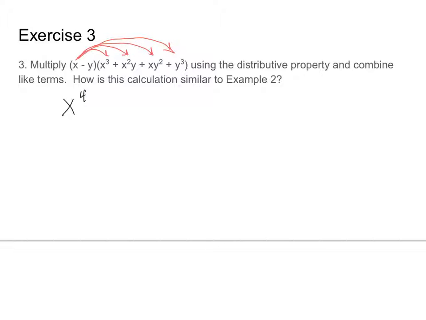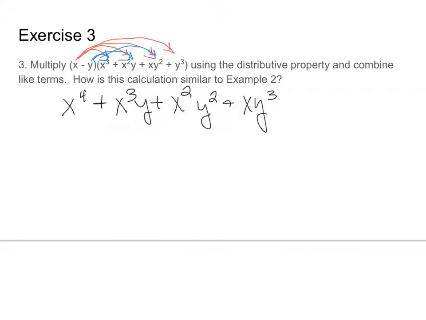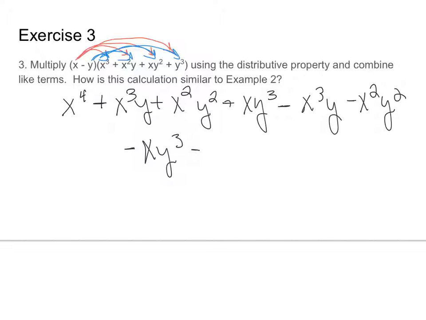First is going to be x to the 4th plus x cubed y plus x squared y squared plus xy cubed. Now I'm going to grab the negative y and multiply it through. Distribute it.